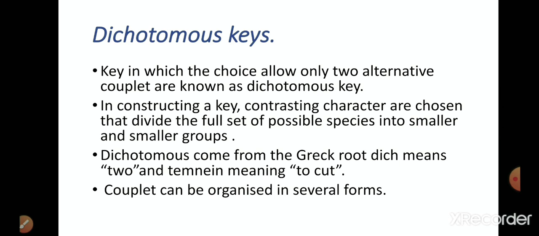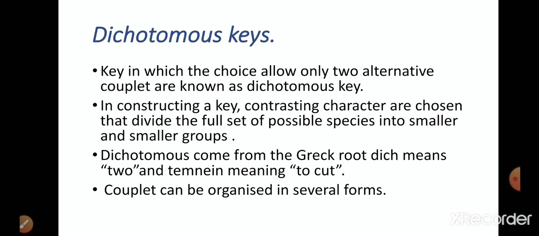The statements typically begin with broad characters and become narrower as more choices are required. For example, the kingdom starts from the cell type: they may be unicellular or multicellular. The second character is the nucleus, present or absent, and then they go narrower and narrower: scales are present, hairs are present.